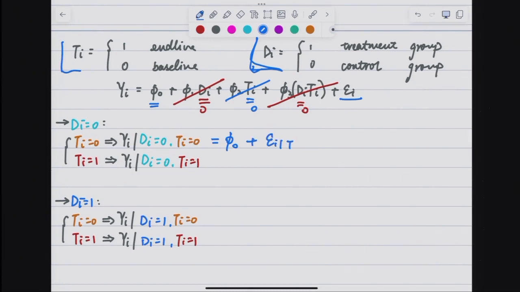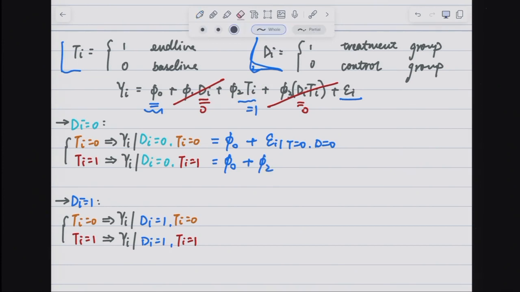Similarly, when t is 1, we still have the phi naught, but now t becomes 1, so we have the phi2. Again, we also have the error term, but that corresponds to the end line, although still in the control group.